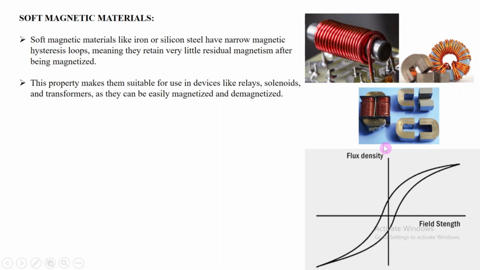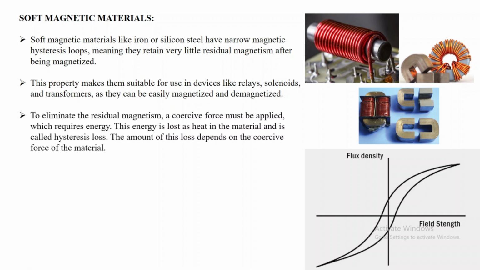This property makes them suitable for devices like solenoids and transformers. To eliminate the residual magnetism, we apply the coercive force, the opposite force, to bring them again to zero flux.